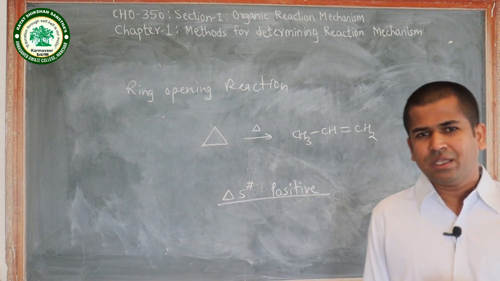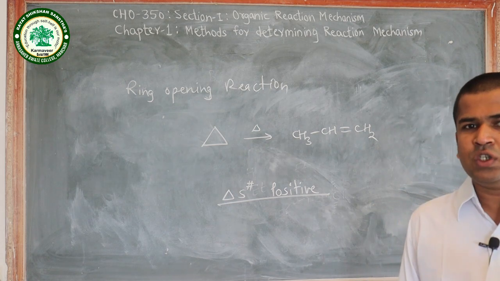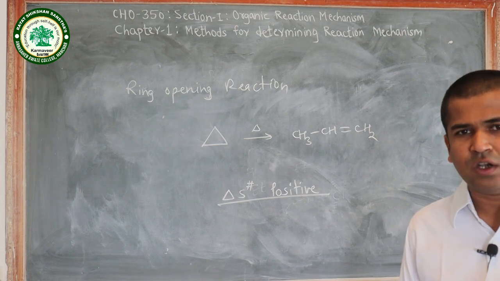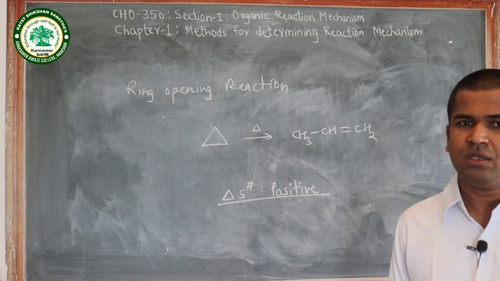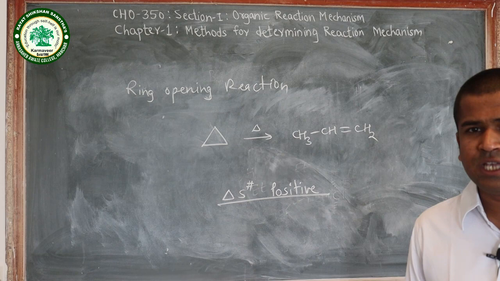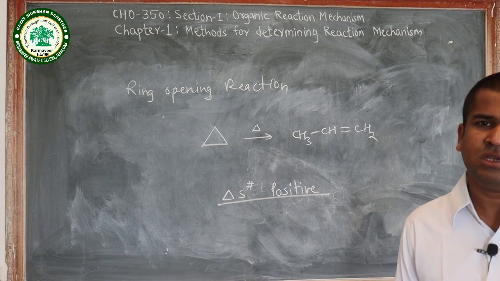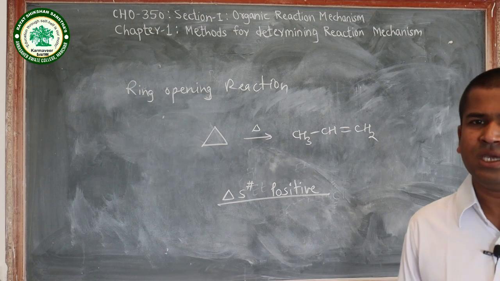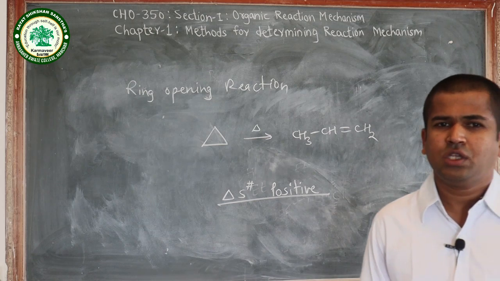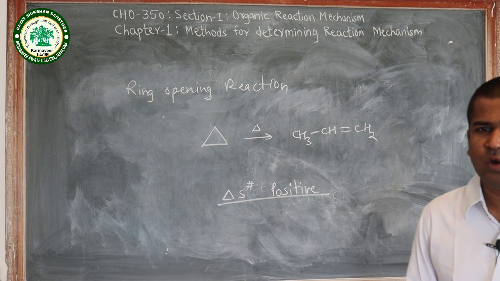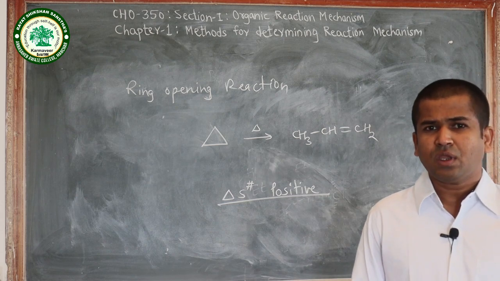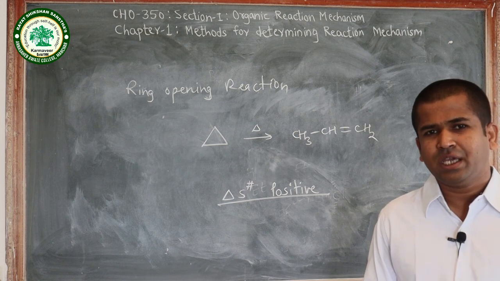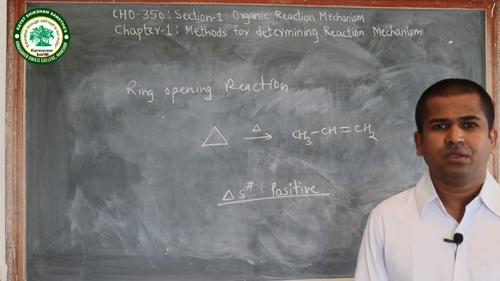Okay, the reaction with more positive value of entropy of activation has a faster rate of reaction, and the reaction with less positive value of entropy of activation shows a slower rate of the reaction. Okay, so this is about how the entropy of activation is important while studying the rate of a reaction. Thank you.